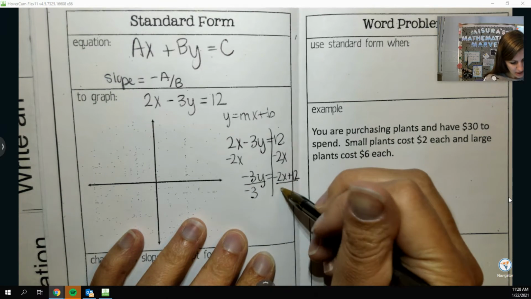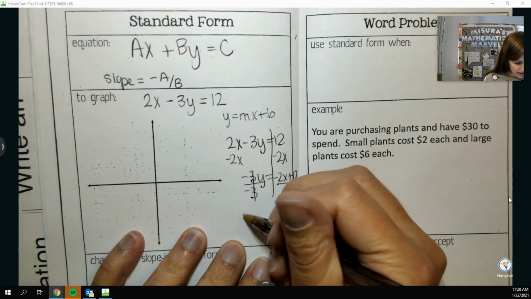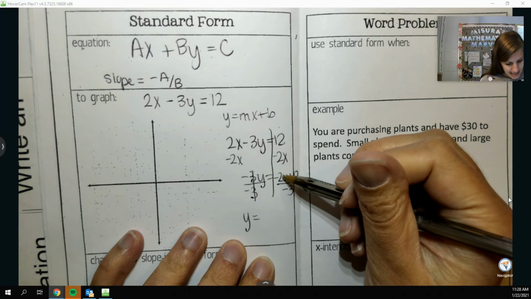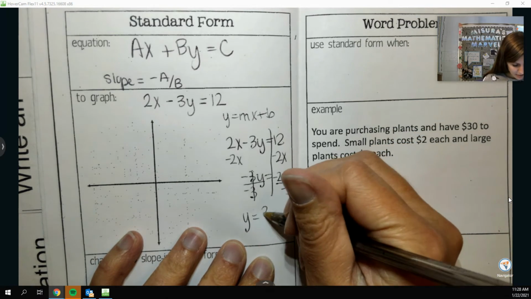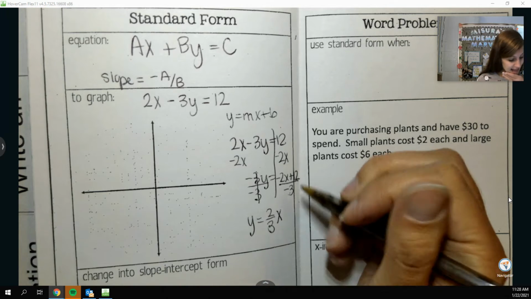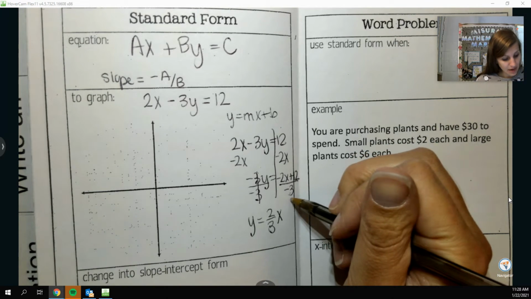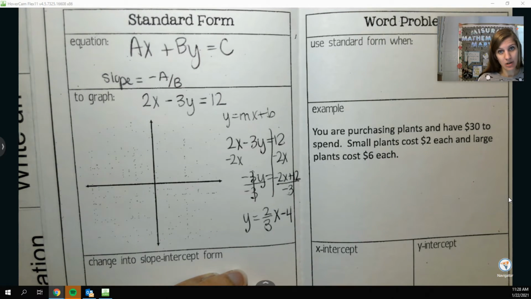And over here, I need to fully divide everybody by negative 3. And so y will be alone. And negative 2 divided by negative 3 is positive 2/3 x for the slope. And then 12 divided by negative 3 is going to be a negative 4 for the y-intercept.